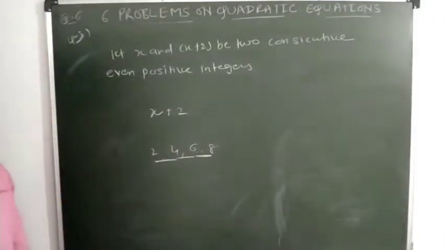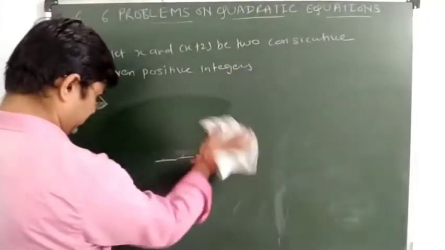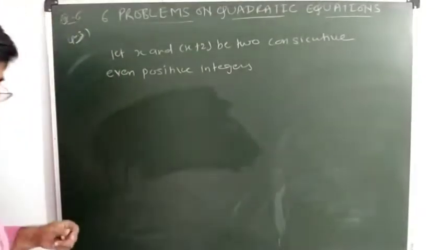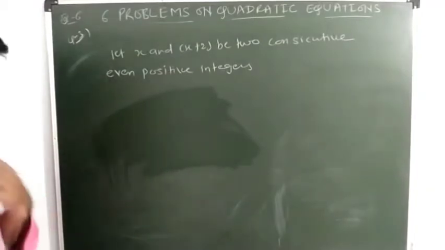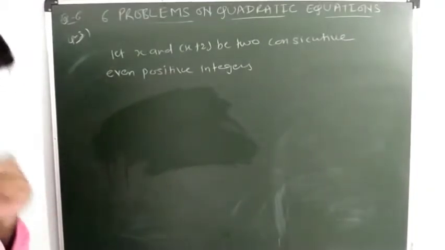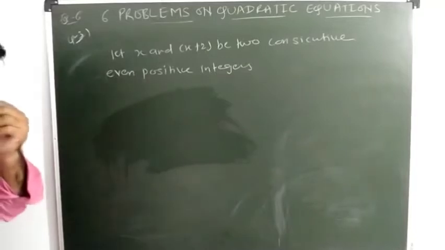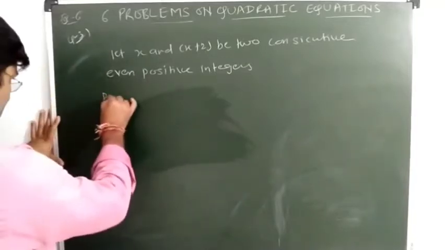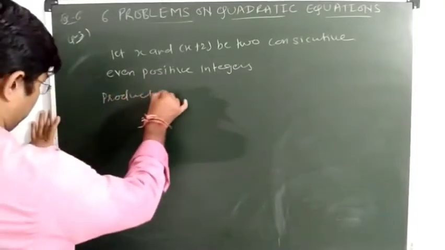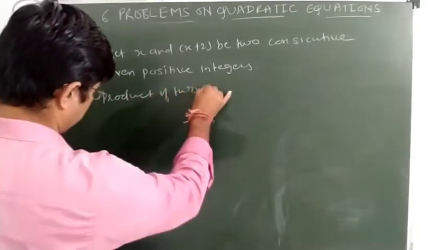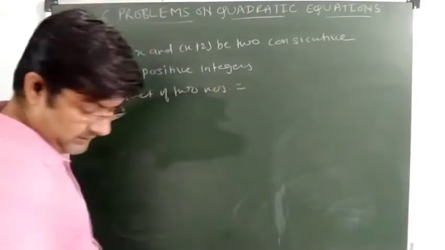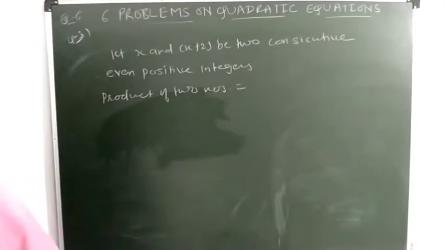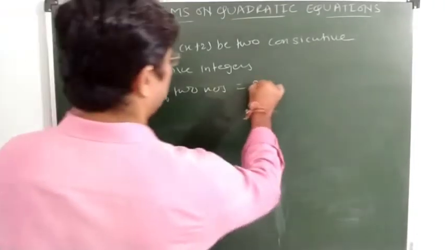You can consider x and x plus 2 in both cases, whether it is even or odd. Their product is given. The product of the two numbers is given to be 224.